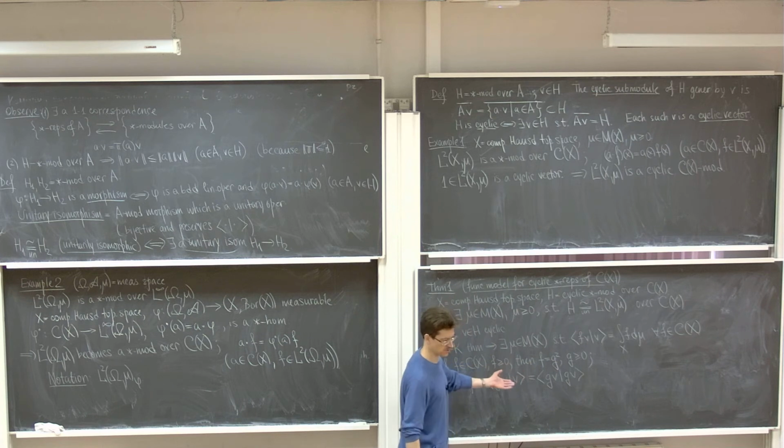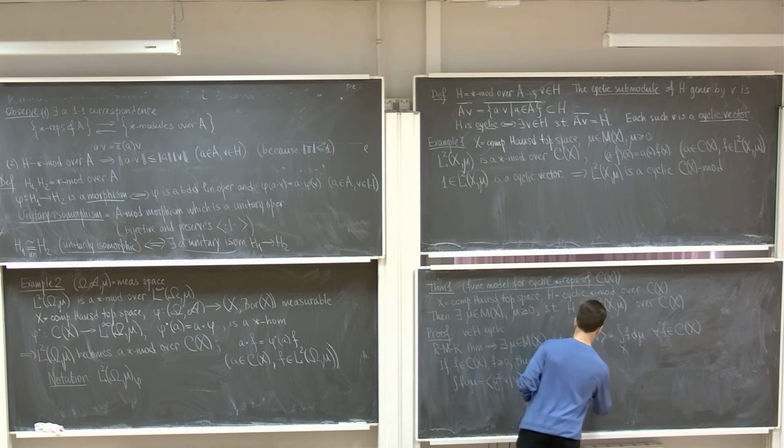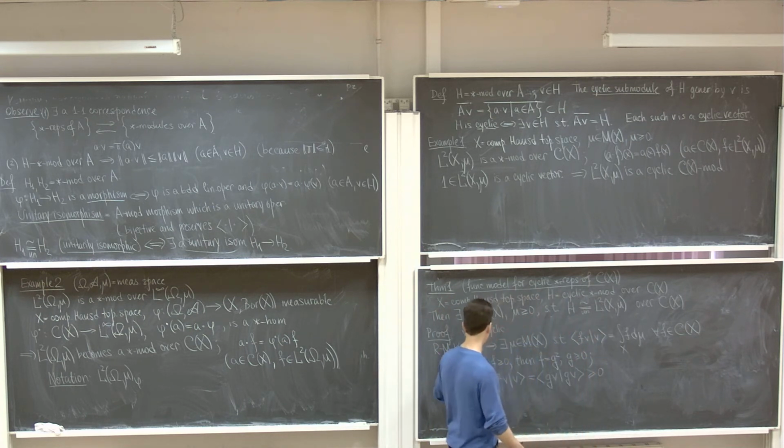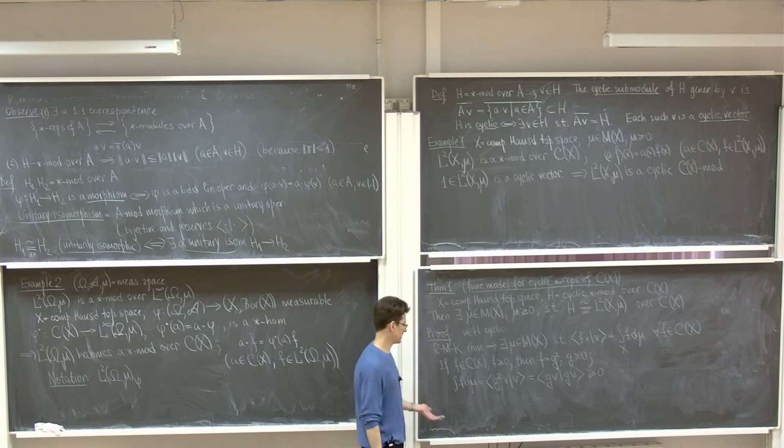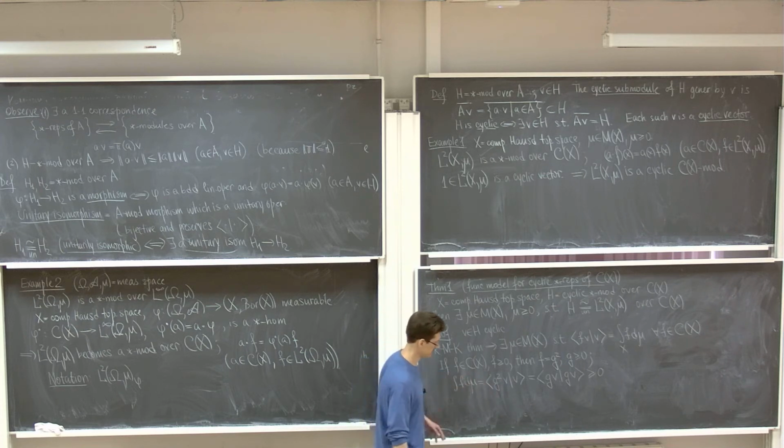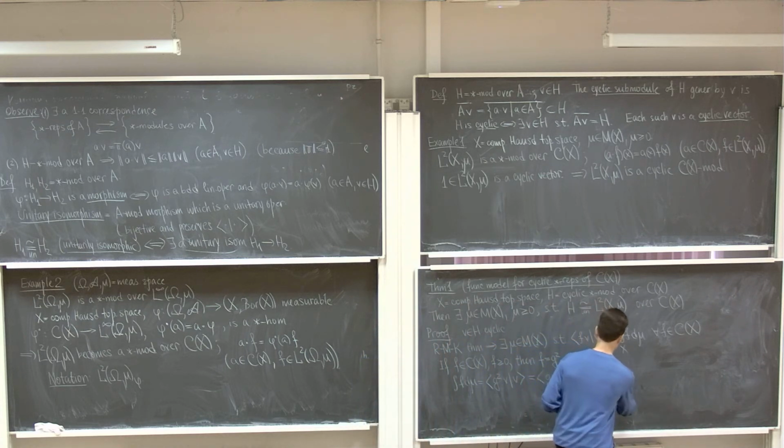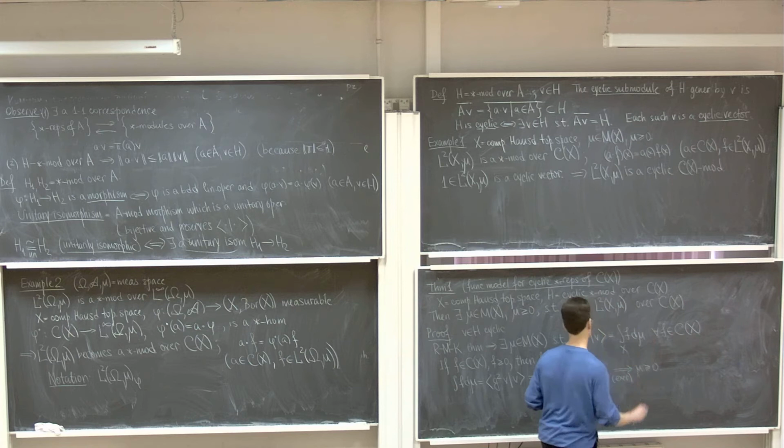But this inner product is non-negative. And so we see that our measure has the property that the integral of each non-negative continuous function with respect to μ is non-negative. It's a simple exercise in measure theory to show that this implies that μ is a positive measure.